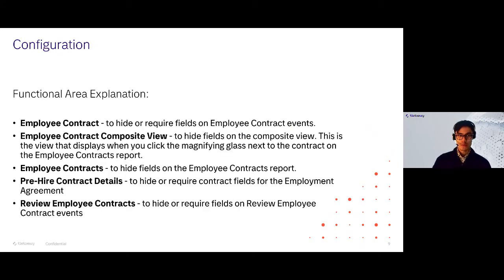Here's also a description of the functional areas and where they are displayed in the system. For the demo, I will only show the employee contract functional area, which is the actual employee contracts event, just so you can get a look and feel of how it is.